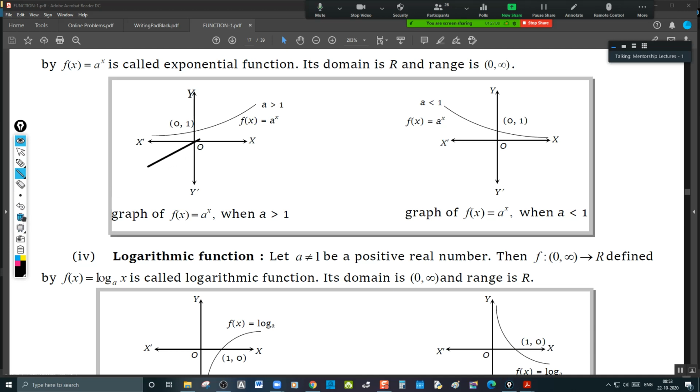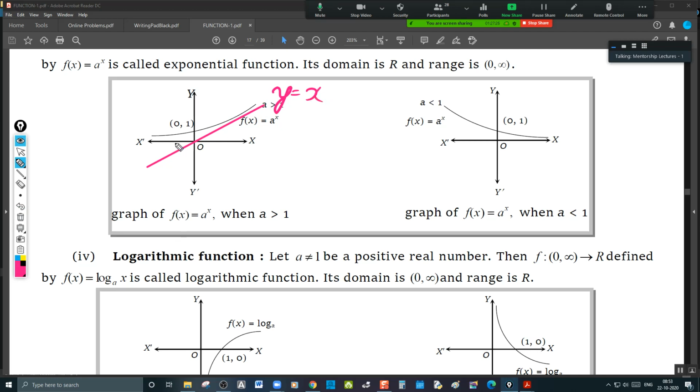If you take any function and you want its inverse, the function and its inverse will be mirror images in the line y is equal to x.